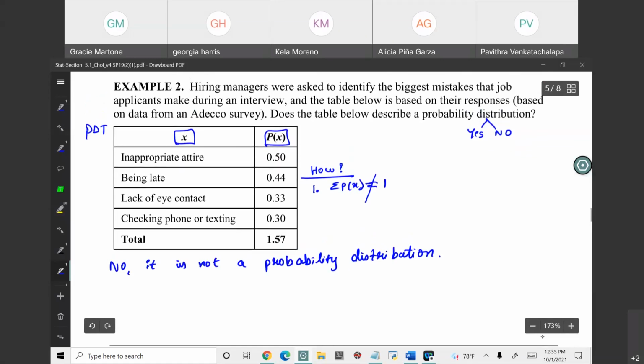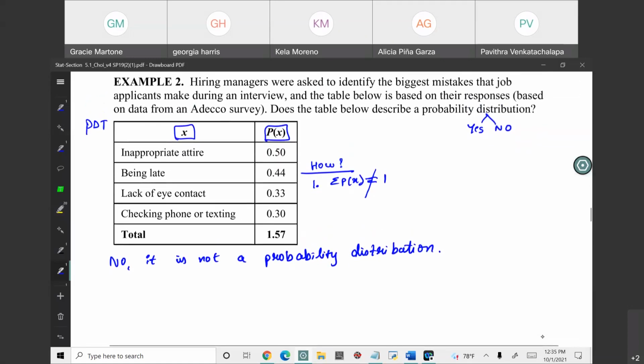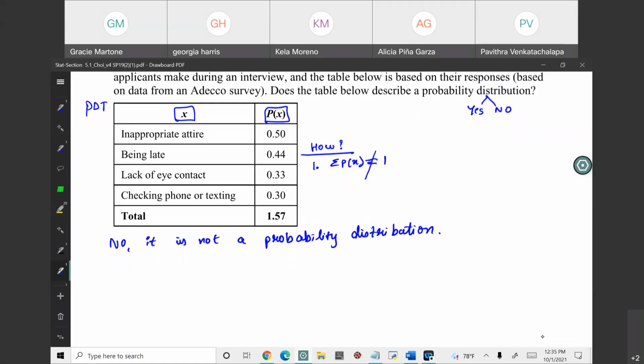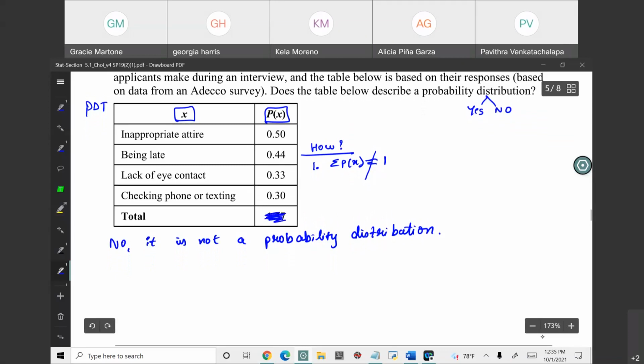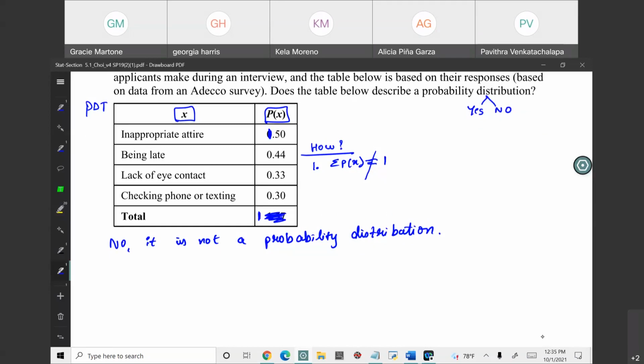You will have some similar kind of problems in your test too. Remember, you don't have to calculate anything when this type of problem is there. You just have to calculate the total of probability, and if it is equal to 1, then go for the second requirement. Now for example, imagine one value here is 1.50, and your total is 1.